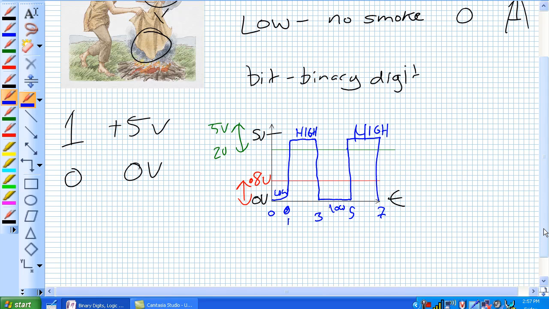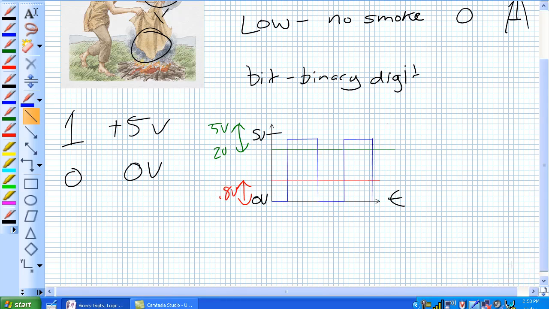As sloppy as these waveforms look, what they're trying to symbolize is an ideal waveform, and this is what you really want. An ideal waveform has very snappy, almost instantaneous transitions from regions of low to regions of high, and back to low and back to high.